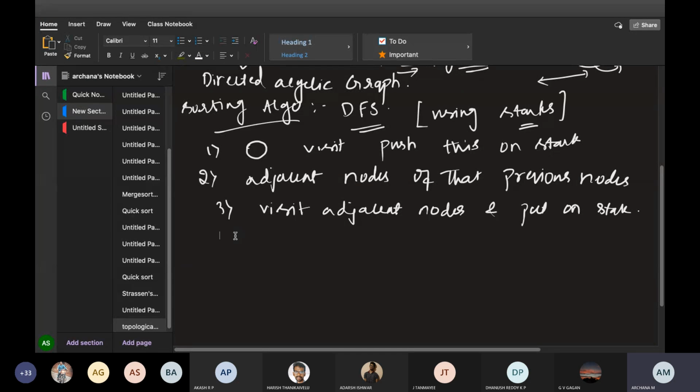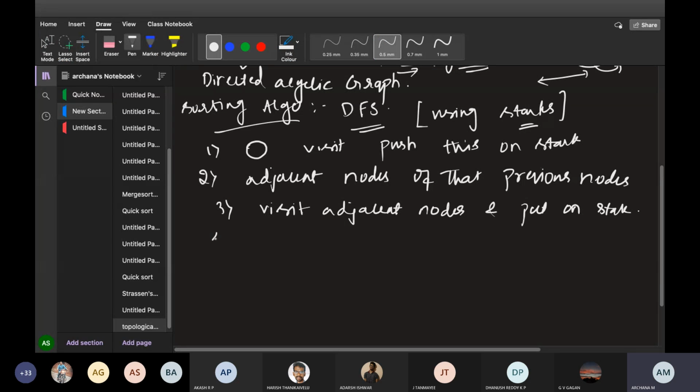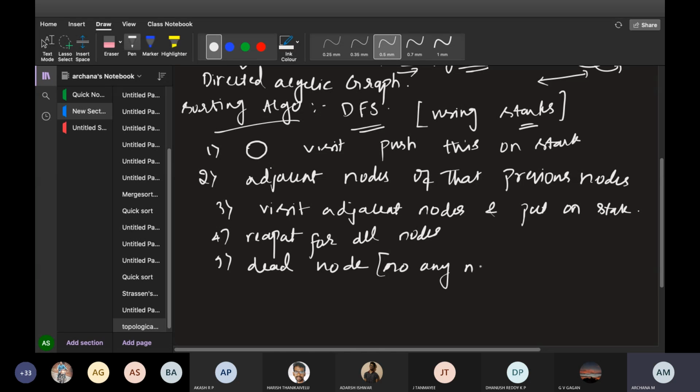Okay, so visit adjacent nodes and put them on the stack. Repeat for all nodes. Once you encounter a dead node, that is, a dead node is nothing but a node which does not have any adjacent nodes. This is not there in your notes.